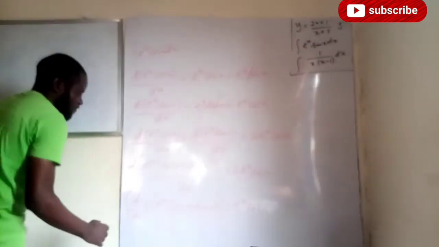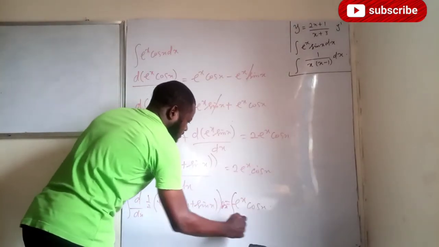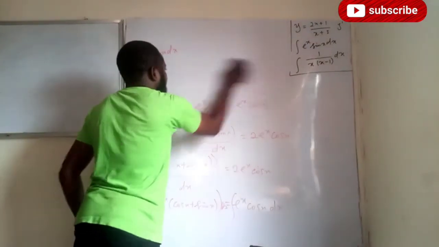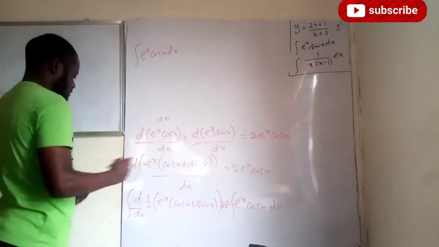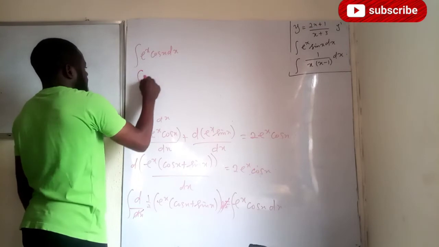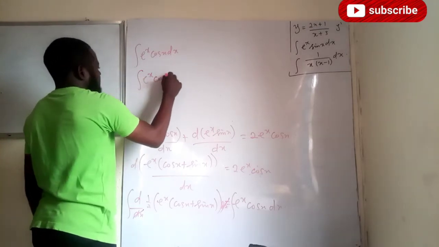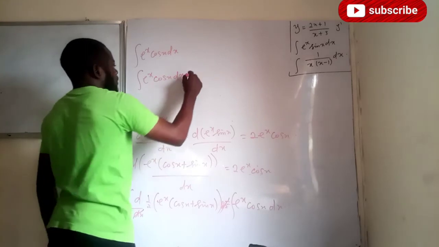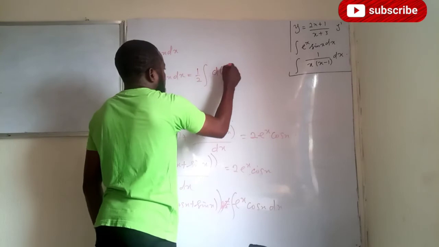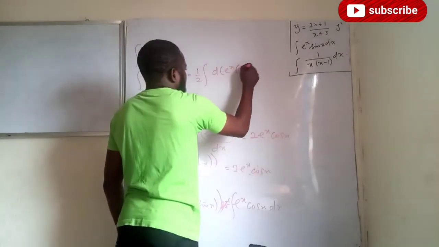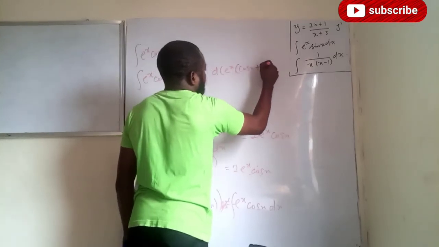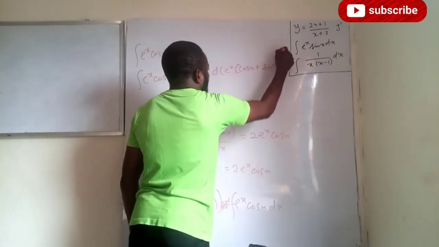So let's take the integral of both sides with respect to x. So we therefore have that this and this would cancel. So I have the integral of e to power of x cosine of x dx equal 1 over 2 integral of d e to power of x cos of x plus sine of x.